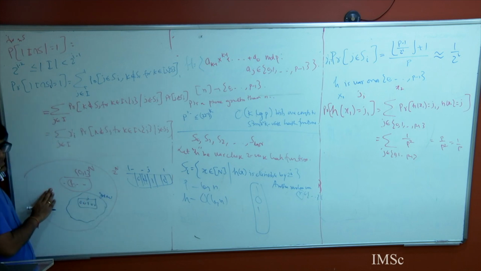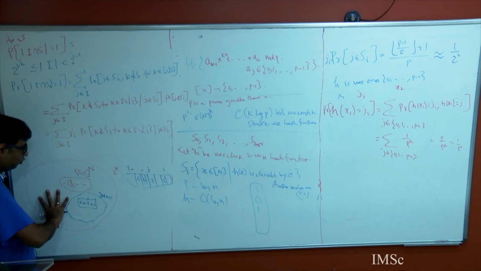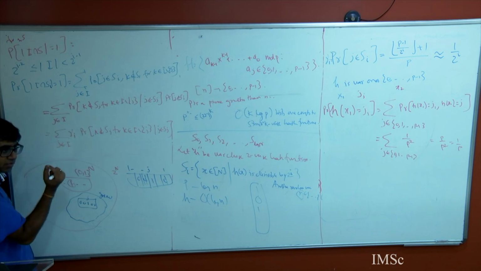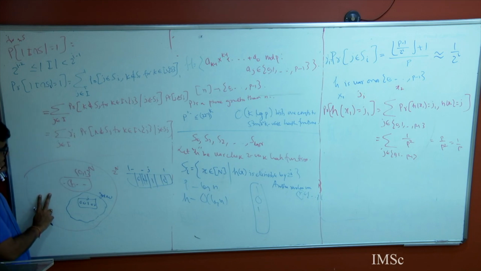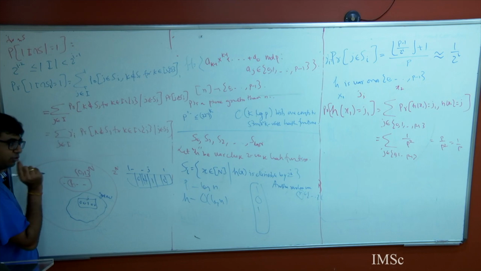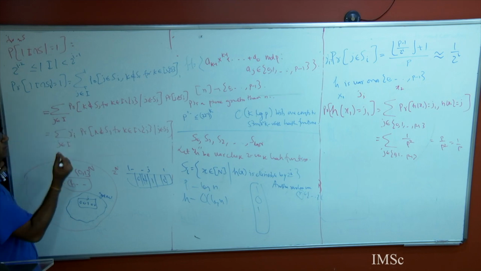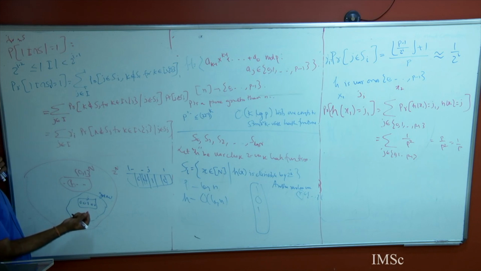So what is the outside event? It is those SIs, or those 0,1 vectors, such that at least one index definitely has some element of I. It belongs.